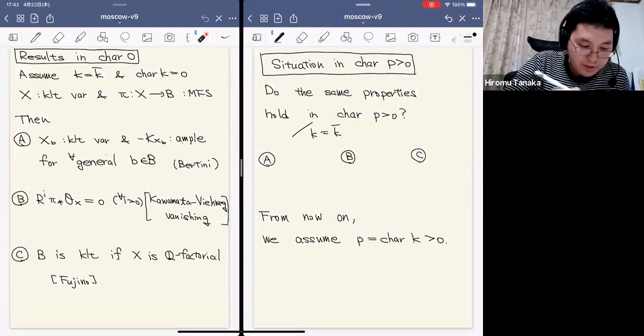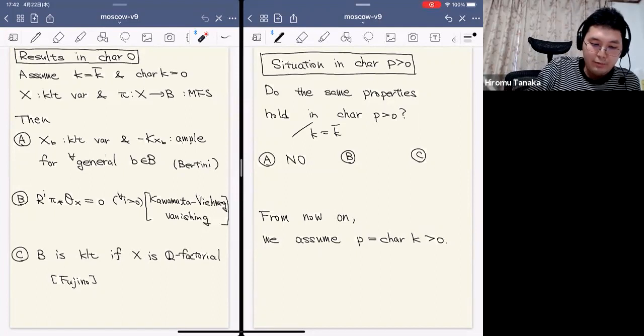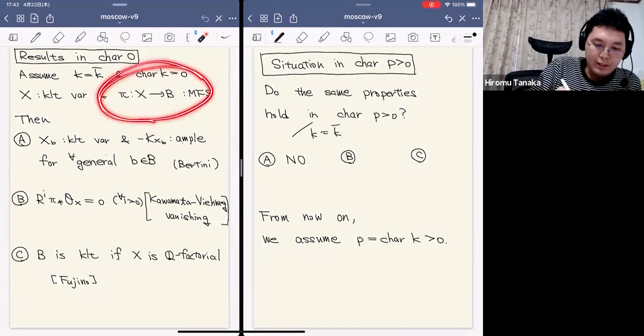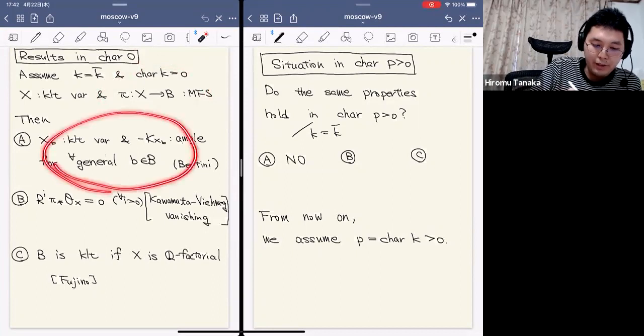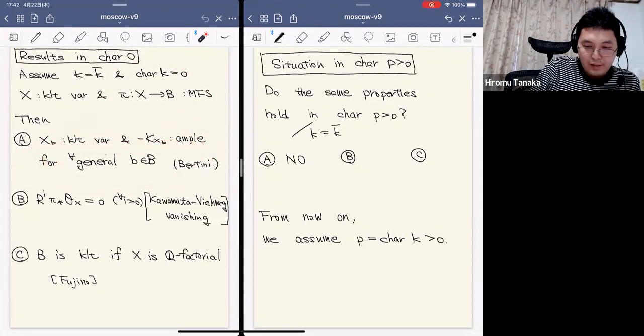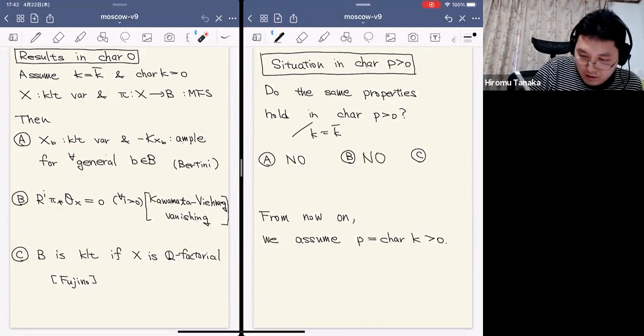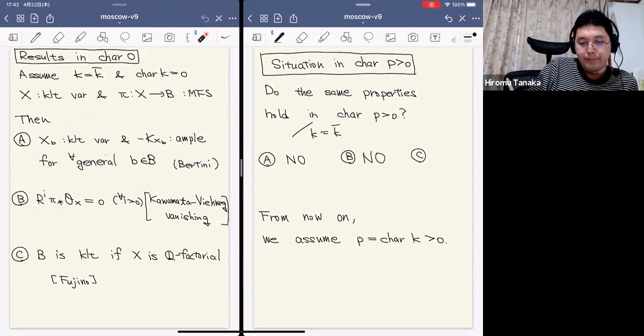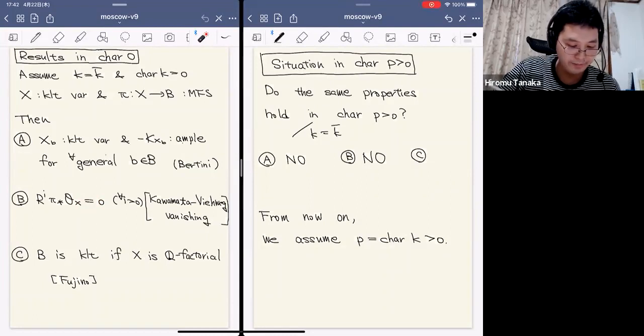So for the first question, the answer is no. Even if we have a Mori fiber space in positive characteristic, the general fiber could violate these properties. The second property, the vanishing of the higher direct image, is also negative, which means that for some examples in positive characteristic, this could be non-vanishing.